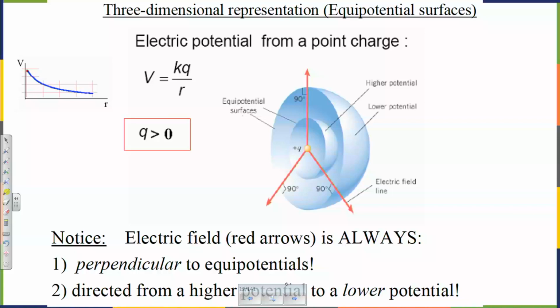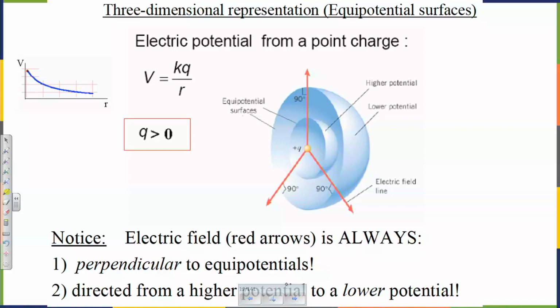And these lines represent electric field lines of a positive charge. We know they point away from a positive charge, but also we know electric potential close to the charge is higher, so electric field lines point from high potential to low potential.